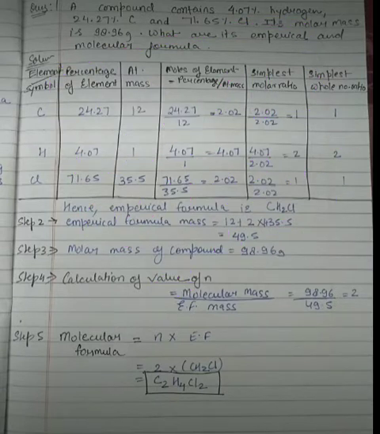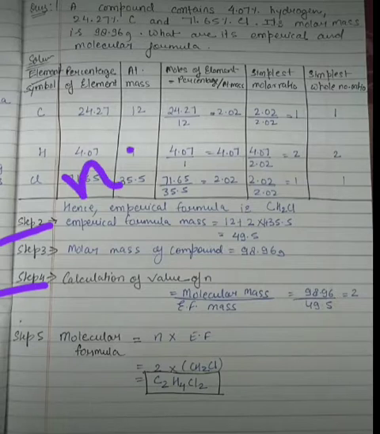You can see here also, students, this is the second step. Now in the third step, you have to see the molar mass of the compound. In the question, the molar mass of the compound given is 98.96.